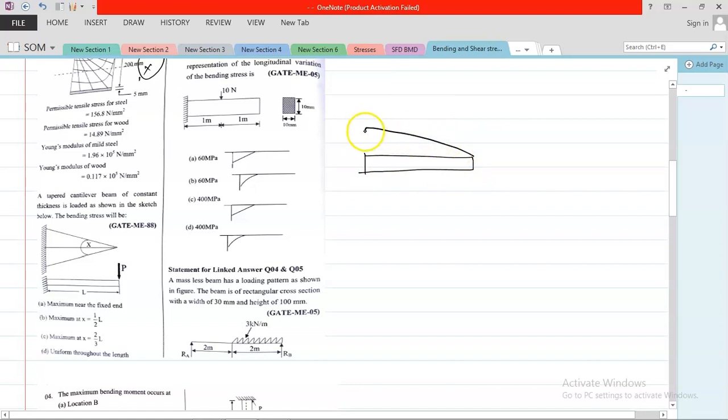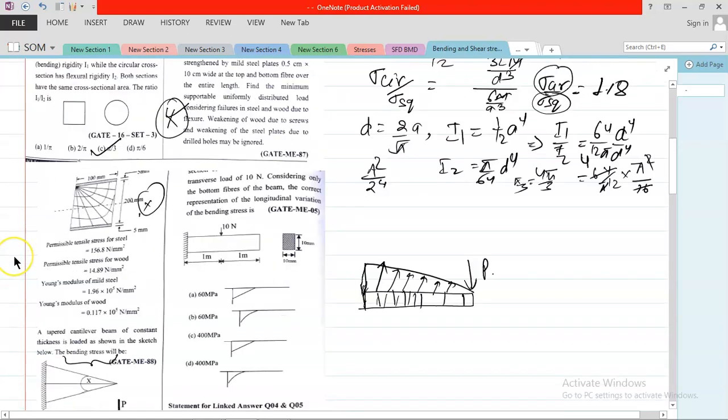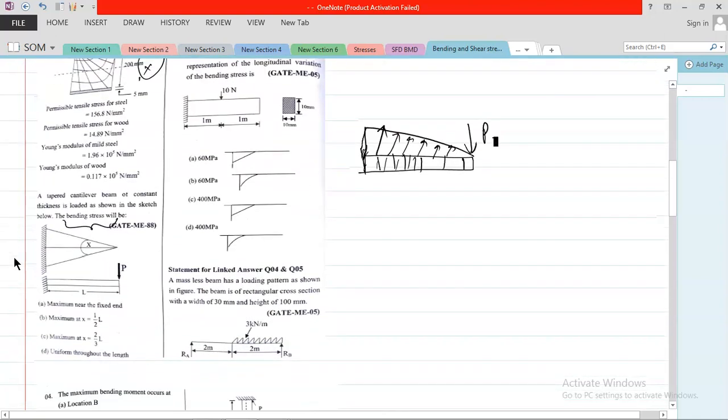If I draw it and project it like this, this is your constant thickness, but the area is gradually increasing. If it is applied with a P load, the bending stress will be maximum at which point? So you need to find where the bending stress is maximum.